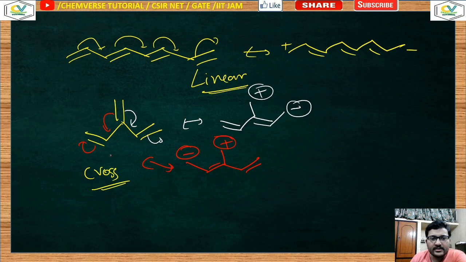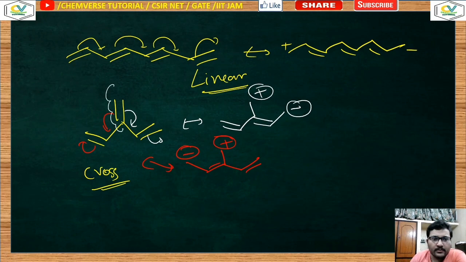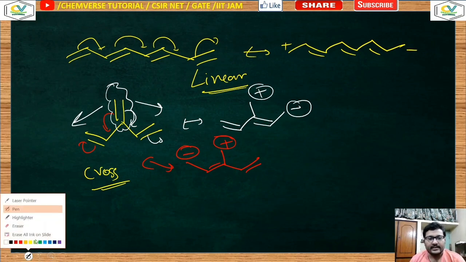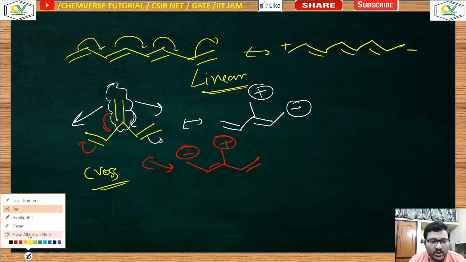So this double bond can go either this side or this side. In both ways it is getting conjugation. This type of conjugation is called your cross conjugation. Now another point is in which cases you will see conjugation.